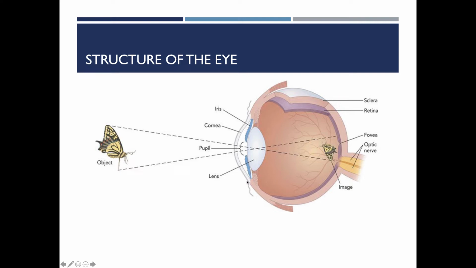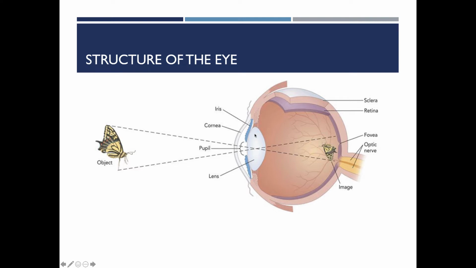So if I shined a bright light in your eye, the pupil would contract and get smaller. And if I put you in a dark room, it would expand, and that expansion and retraction is helped out by the iris.